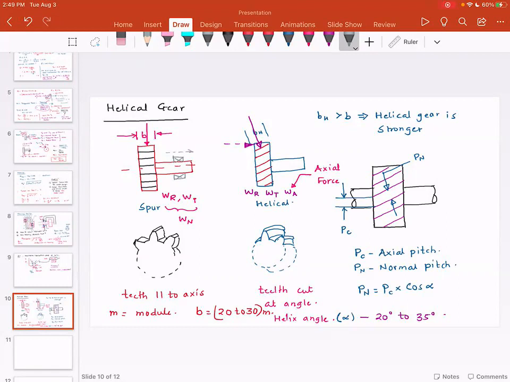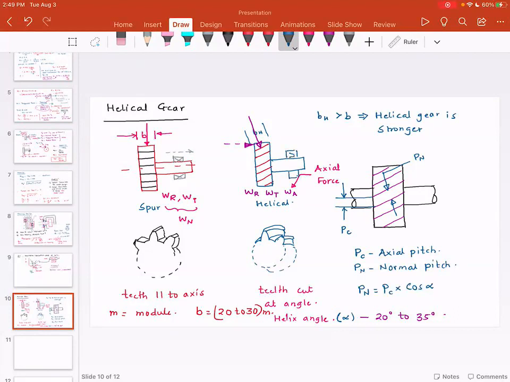If you have axial forces, the life of the ball bearing gets reduced, and the bearing inner race and outer race would separate.